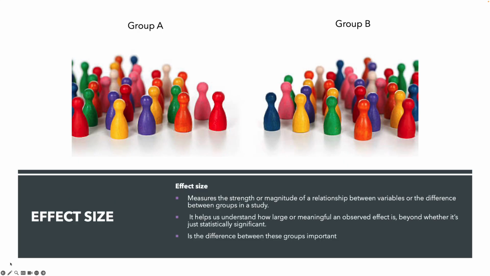So if I go back to this, right? If I have two different groups here and I have a small sample size and I have a small effect, well, there's really not much going on here. We just wasted a lot of time, a lot of money, and a lot of effort trying to do research that really is insignificant.